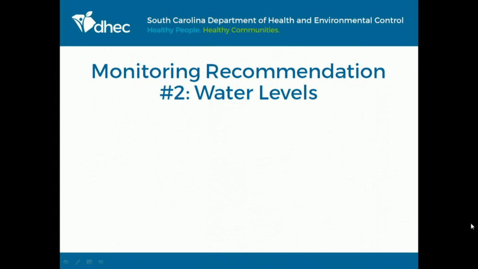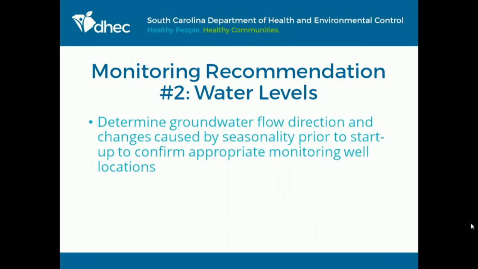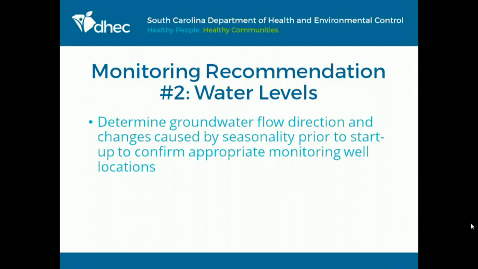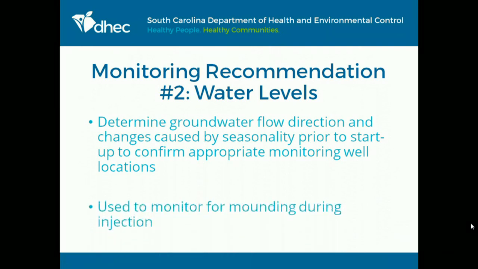Water levels are going to help you determine groundwater flow direction and changes based on seasonality. I don't know if any of you have sites where in different seasons the groundwater goes in different directions, but that becomes important when you're looking at a pilot test or even long-term monitoring. You also use those water levels to monitor for mounding during injection.